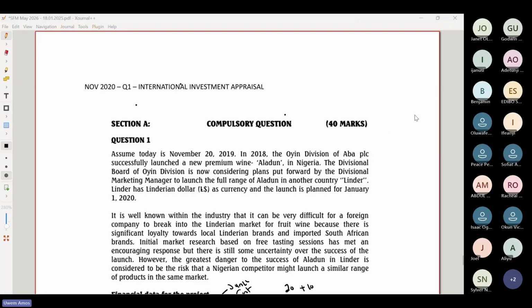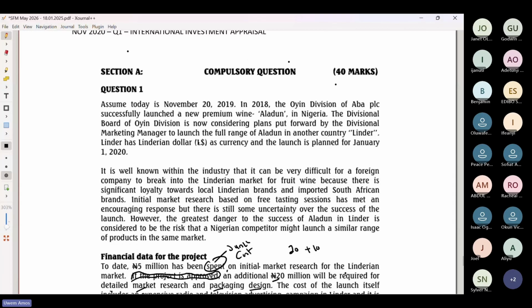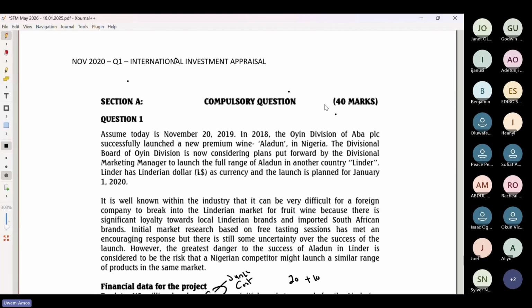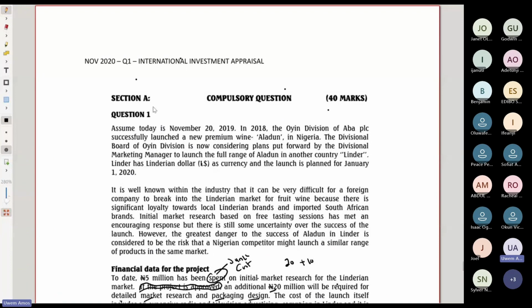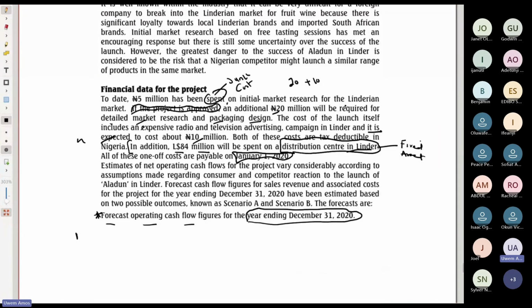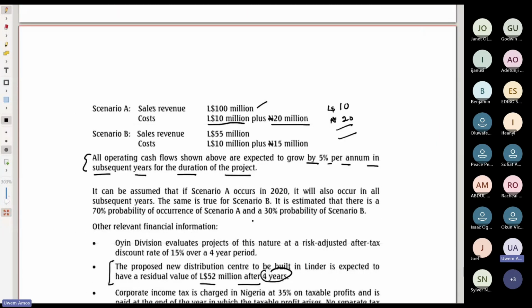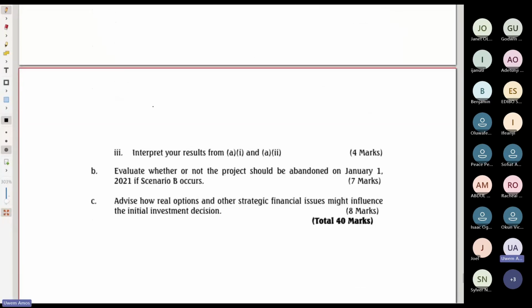All right. So in our previous class, we introduced a concept and then we commenced our solution to question 1, the November 2020 past question. So we looked at the computation of the company's performance at the subsidiary level.